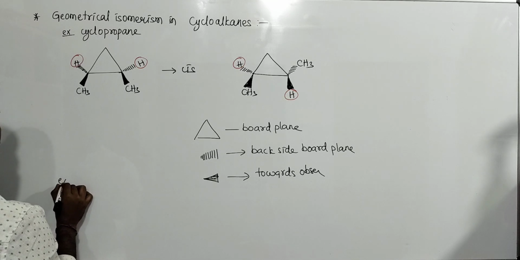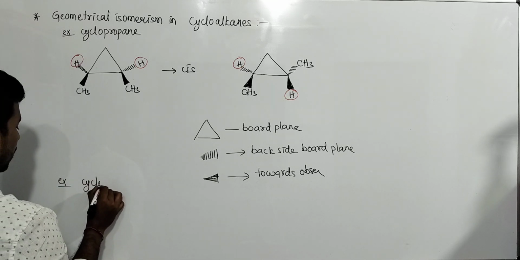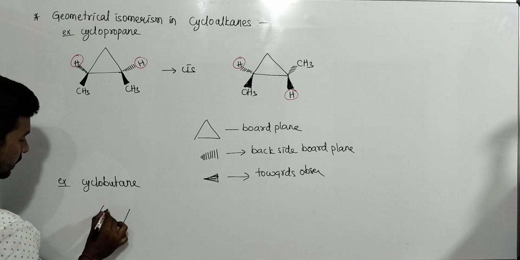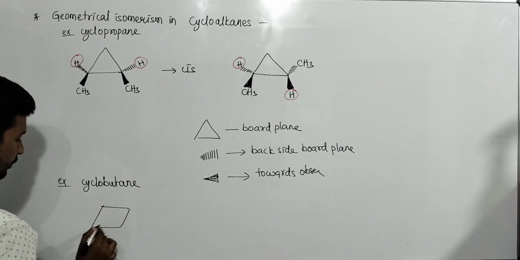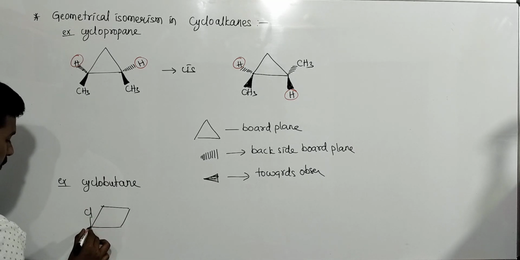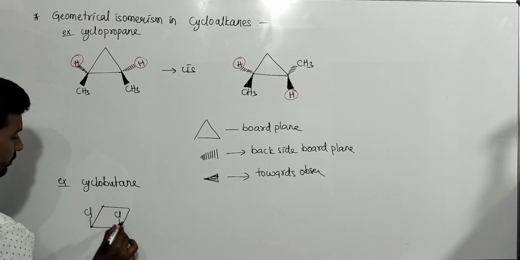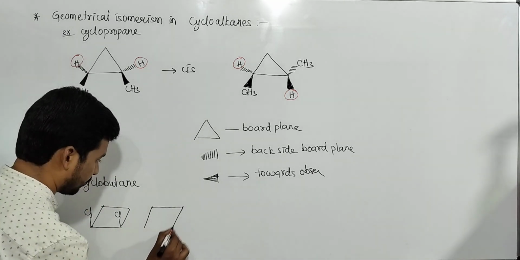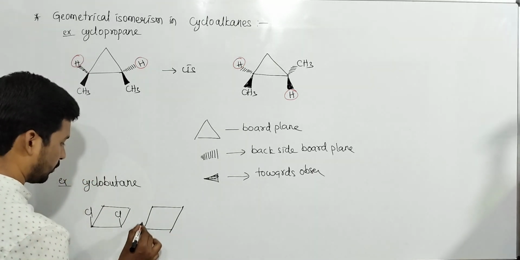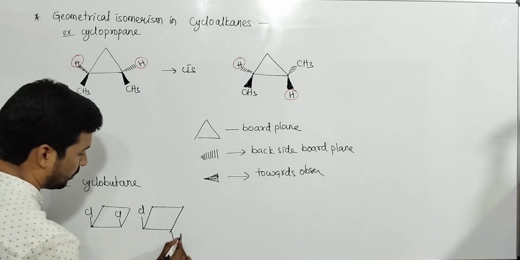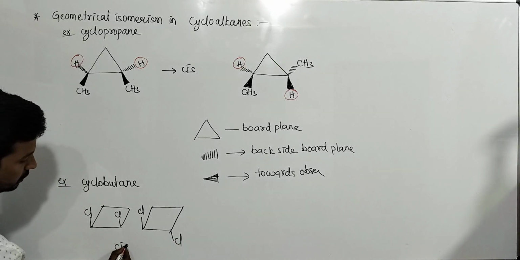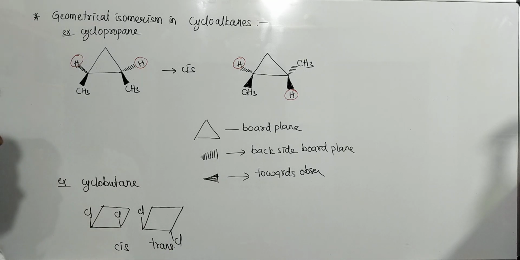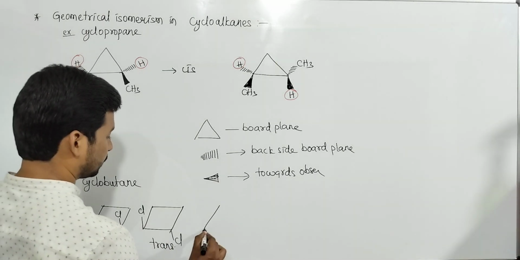In cyclobutane, taking like this, here chlorine same side, chlorine opposite side. This is cis, this is trans, like that, or at the 1,3 position.